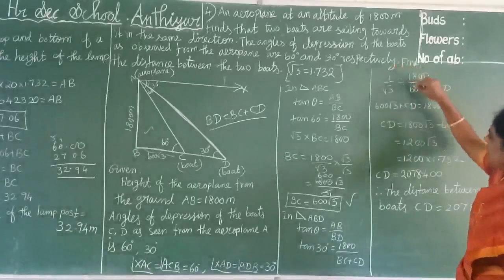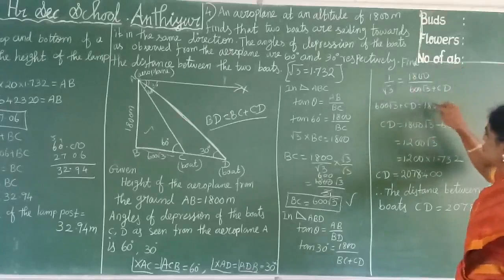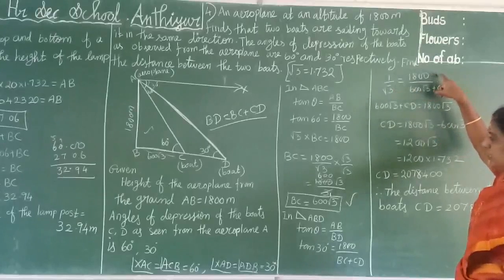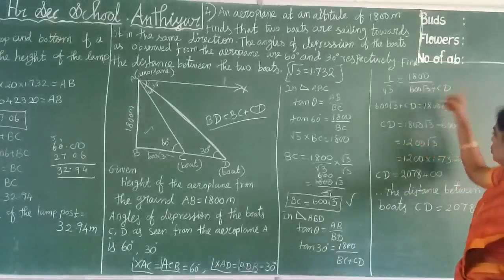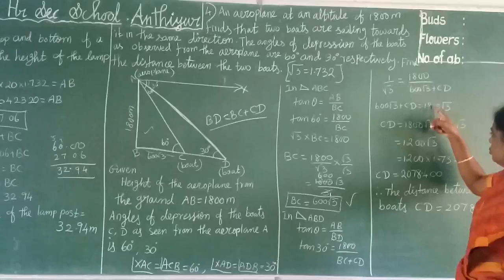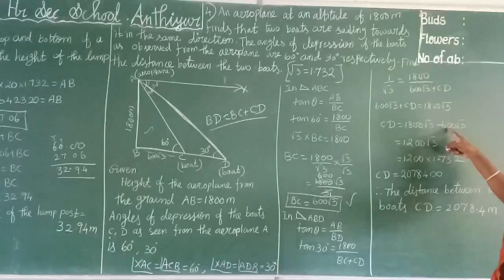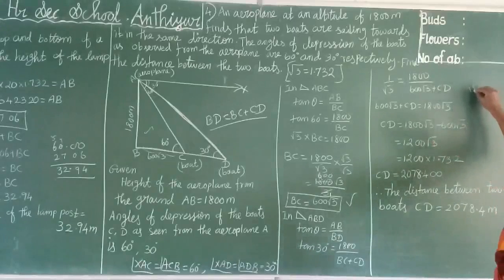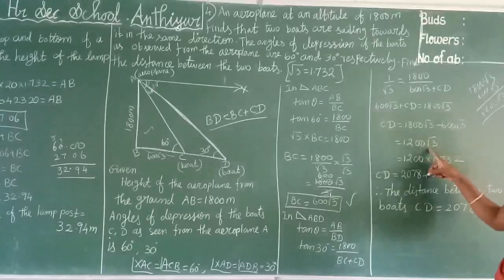Cross multiply: 600 root 3 plus CD equals 1800 root 3. The denominator root 3 comes to this side as a numerator. Then write CD as it is on this side, and 600 root 3 goes to the opposite side with a minus. So CD is 1800 root 3 minus 600 root 3. The same root 3, so 18 minus 6 is 12, so 1200 root 3.